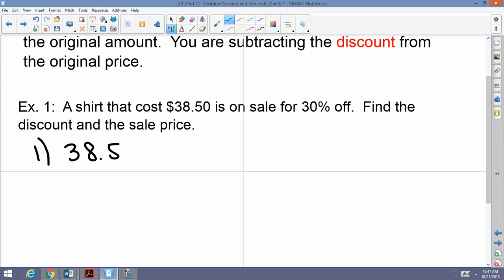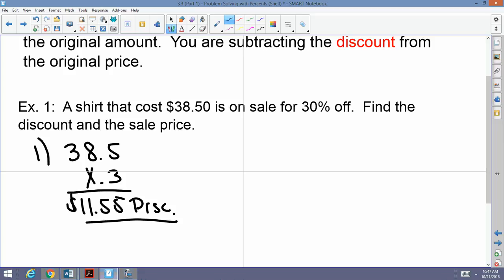I want 30% off. So I can multiply this by 30%, and 38.5 times 0.3 is 11.55. This is what's called my discount. This is what you are subtracting from the original price. So in step 2, 30% of 38.50 is 11.55.